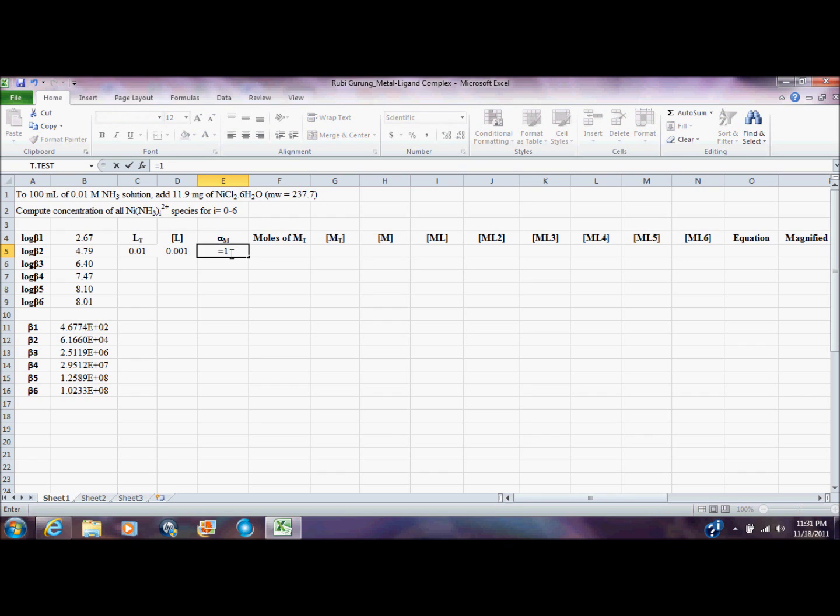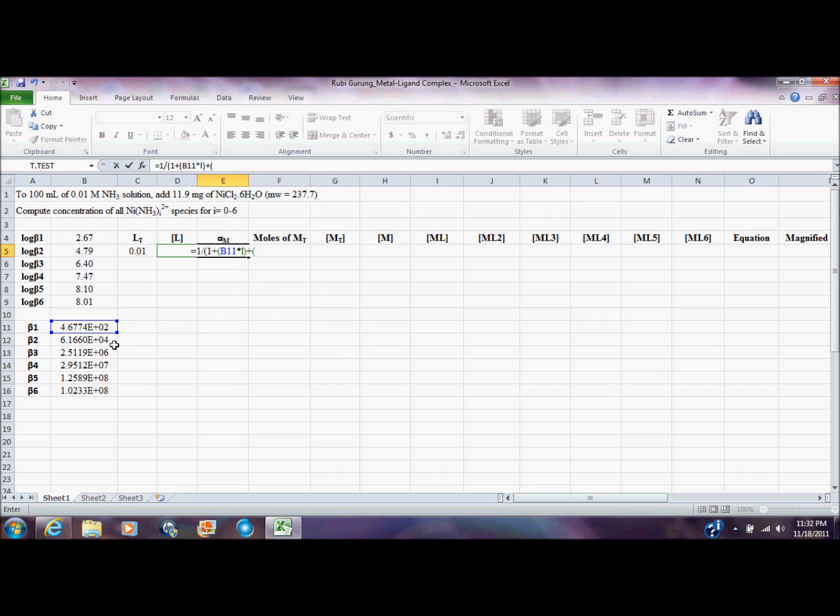It is equal to 1 divided by 1 plus beta 1 times L. Here L provides us the ligand concentration. I have already named this cell to make the calculation easier. Now let's continue.